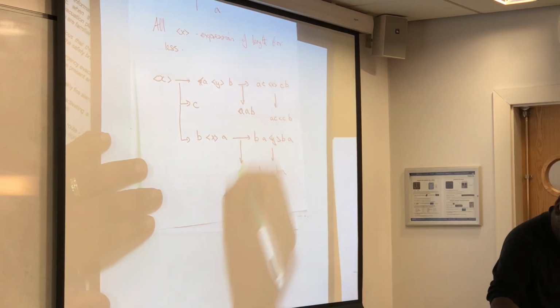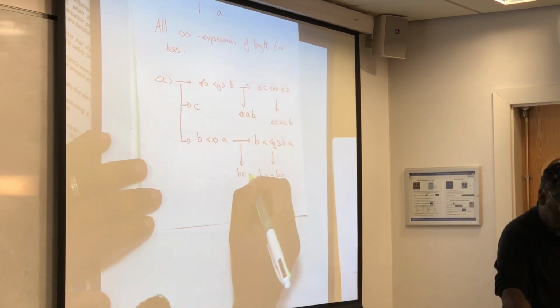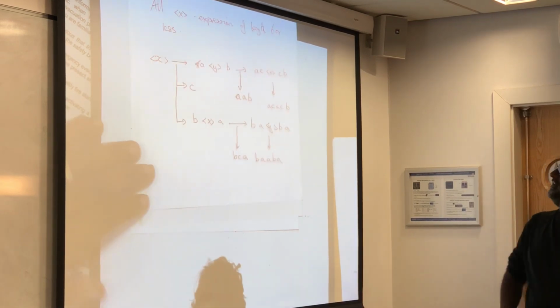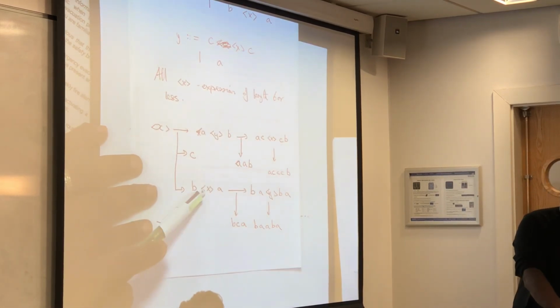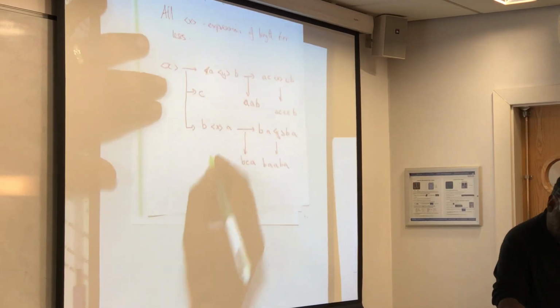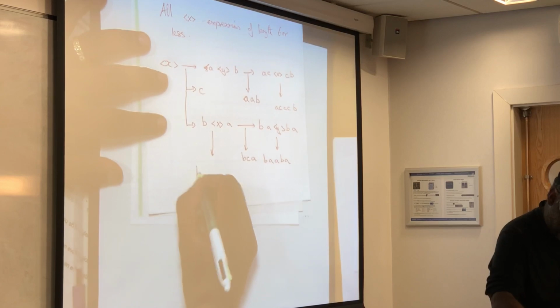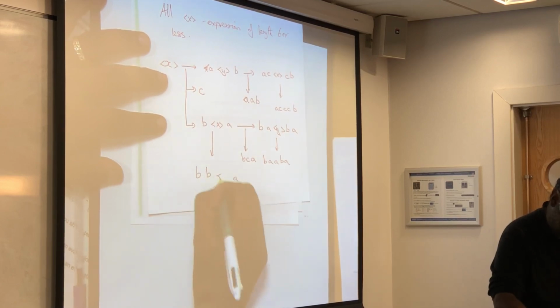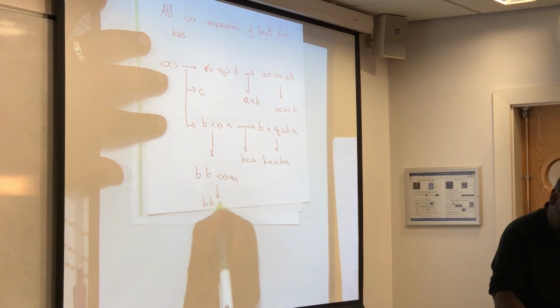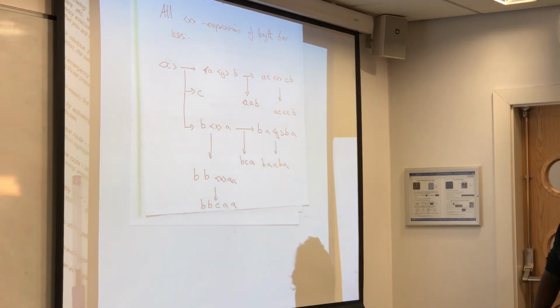So that could have gone to a B, C, A, or finally, almost finally, this x could be expanded with that rule. So we get B, A, B, X, A, and then the only option is B, B, C, A, A.